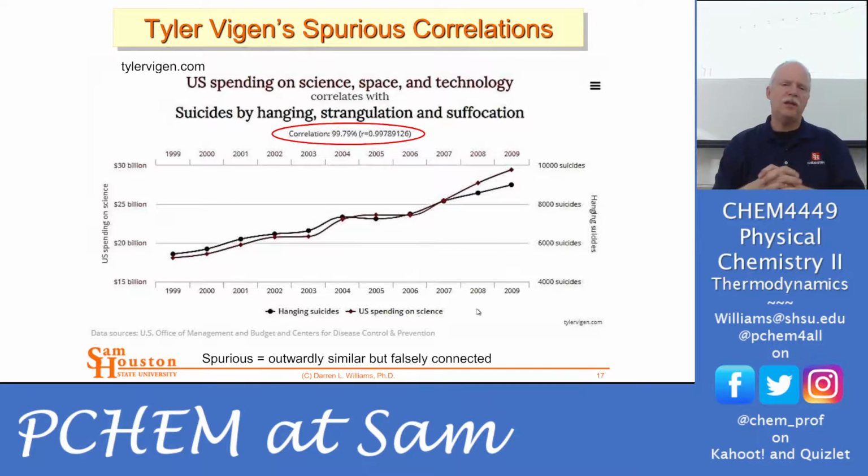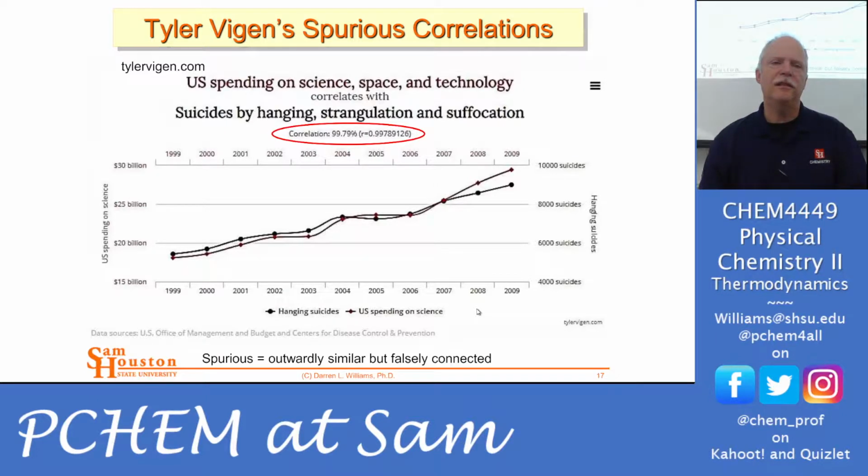Okay. So just to emphasize that correlation is not causation, this is one of my favorite websites, tylervigen.com. So you can write that down and go look at it later. He has dug through tons and tons of data just because he likes doing this apparently, to find what we call spurious correlations.